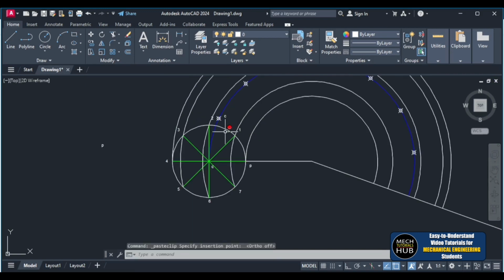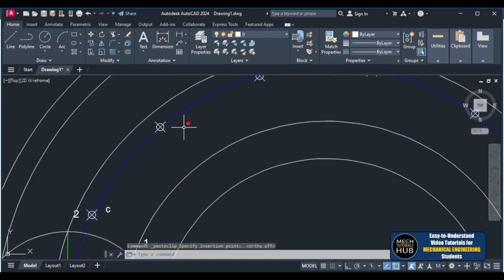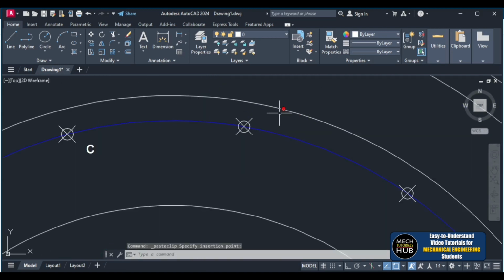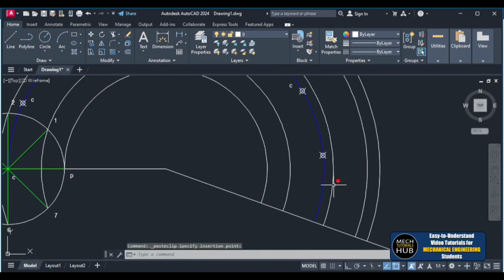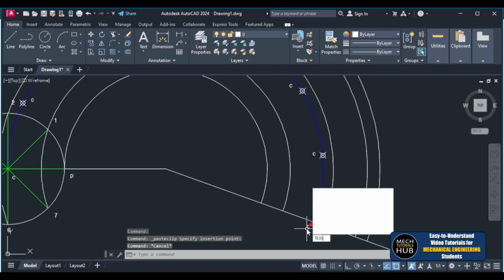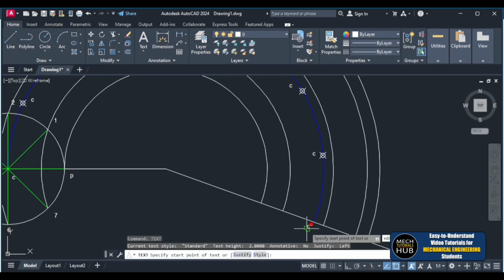C1, this is C2, this is C3, this is C4, C5, C6, similarly 7 and 8. I just try to edit.